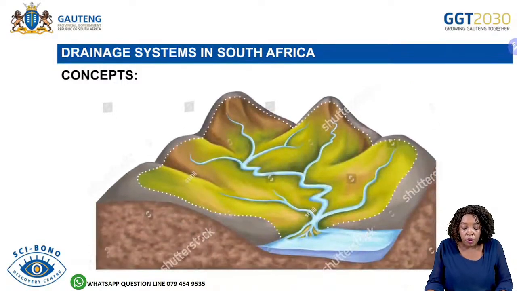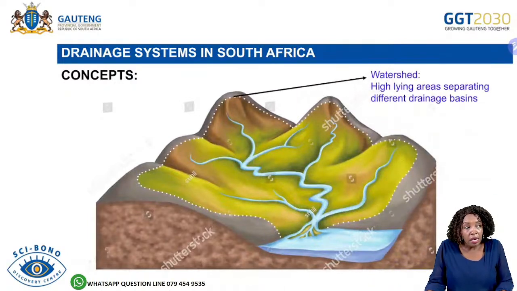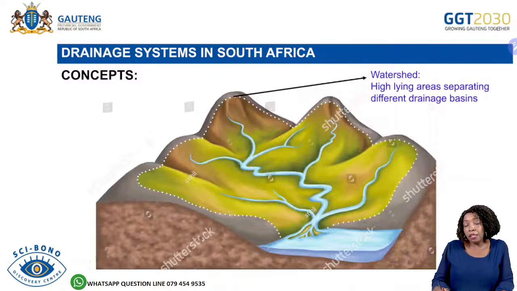Okay. Right. Then now we are looking at a watershed. So as you can see, boys and girls, we've got these particular small streams. Where are these getting the water? From a high-lying area. So a watershed is this high-lying area that you can identify right at the top there.